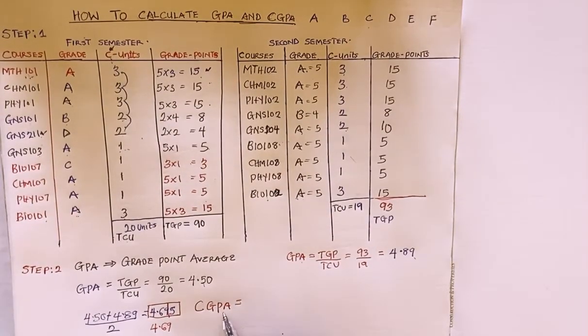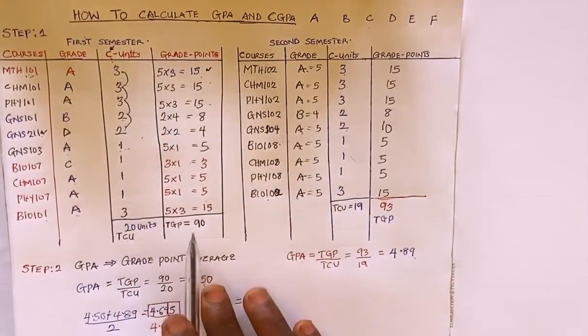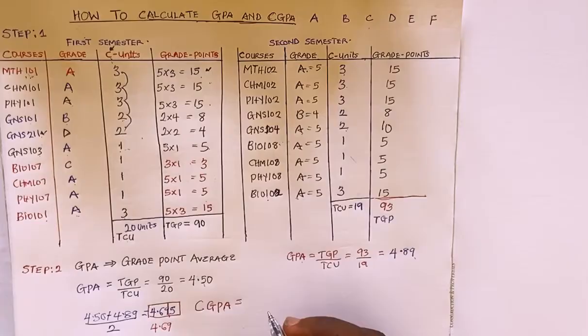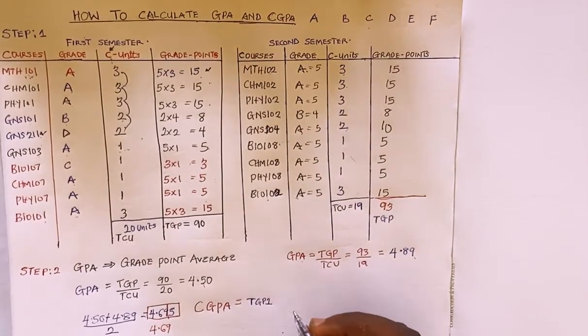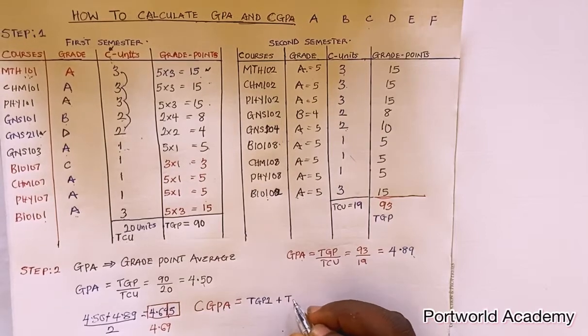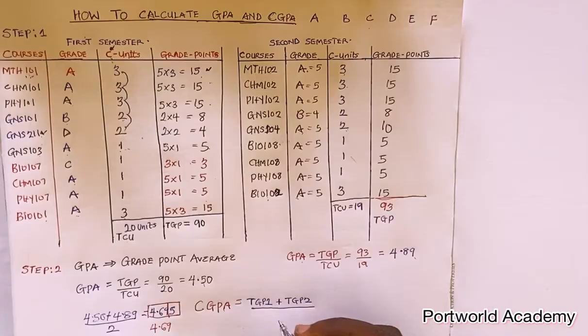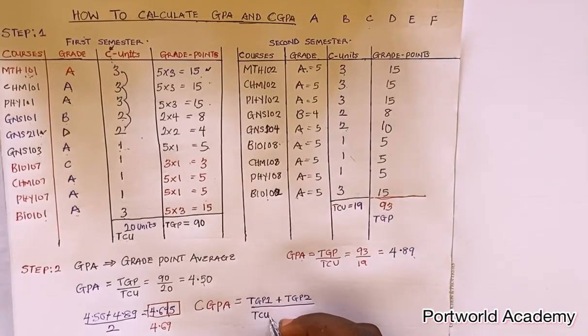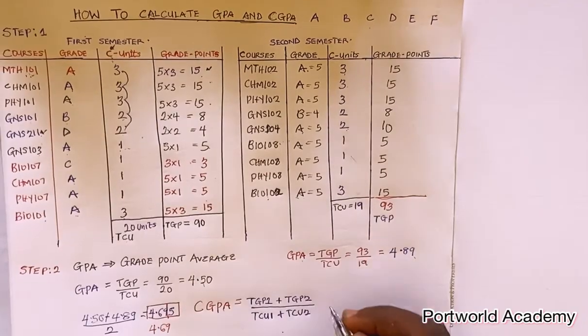Now let's use the normal method. The normal method is you take the total grade point in your first semester, that's total grade point 1, plus total grade point 2, divided by total credit units 1 plus total credit units 2.